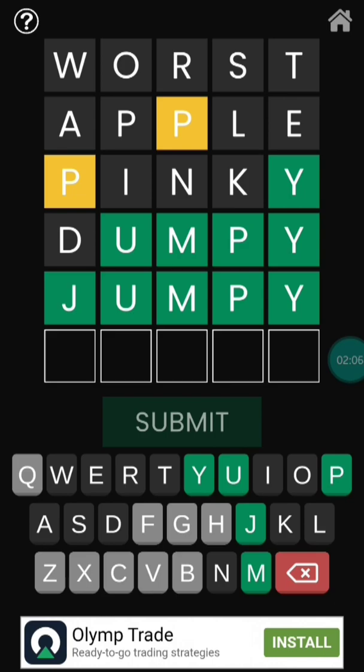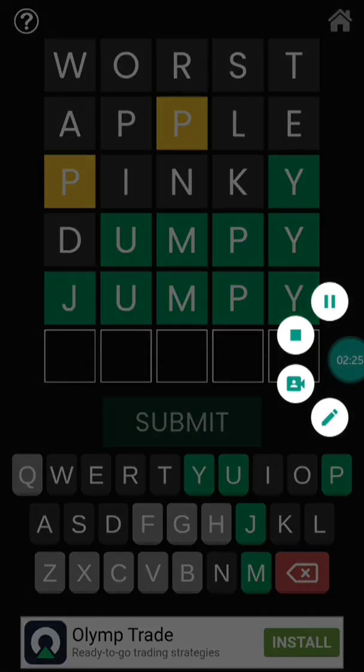If it is green, it means that it is in the word and at the right place. And if it is gray, it means that it is not in the word. So this is the hint you will get in the Wordle game. So like this you can play and guess the word.